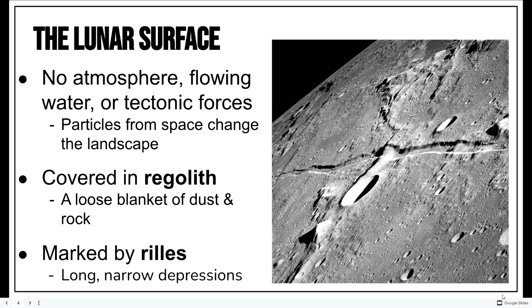It's also marked by rilles, which is the long, narrow depressions, and there's images of this on the right. So you've got one of those long, narrow depressions right here. And then all of this along the surface here is going to be the regolith.